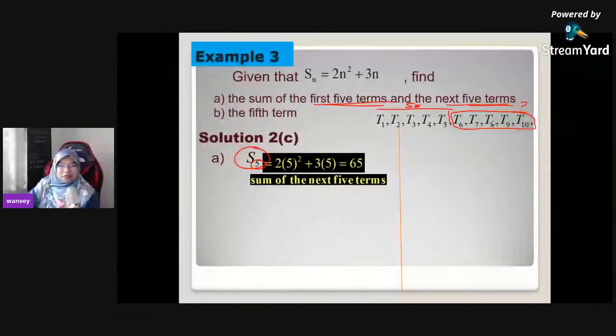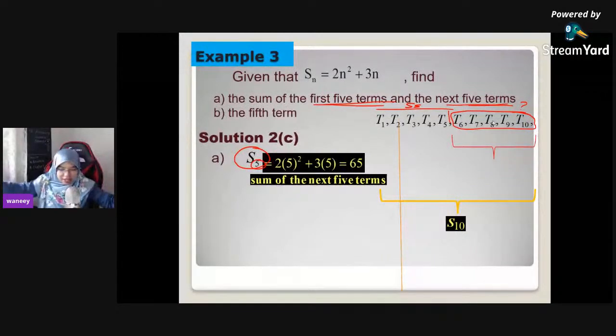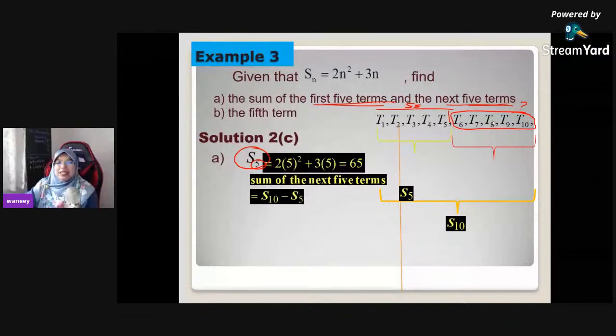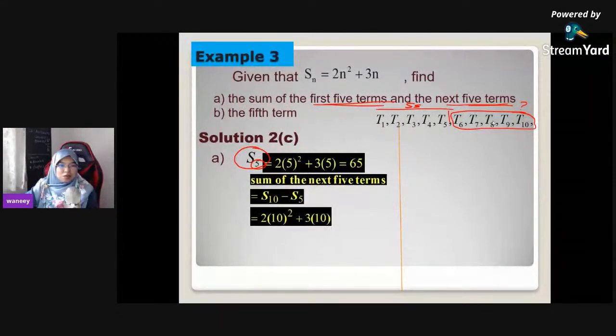Okay, so for the sum of the next 5 terms, we are going to use S10, because we have the formula for S, the sum. We have to calculate S10 first, which is everything from T1 up until T10, and then we simply deduct S5. So S10 minus S5. You substitute n with 10, so it becomes 2 times 10 square plus 3 times 10.